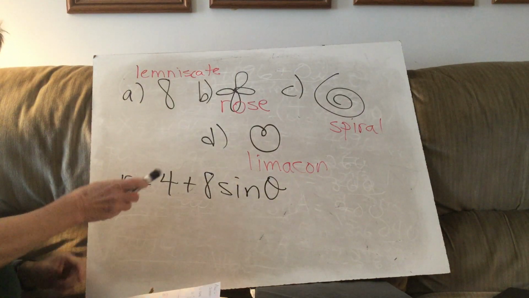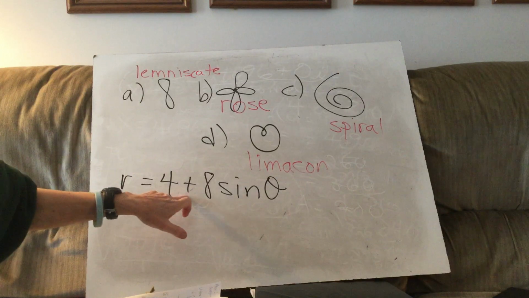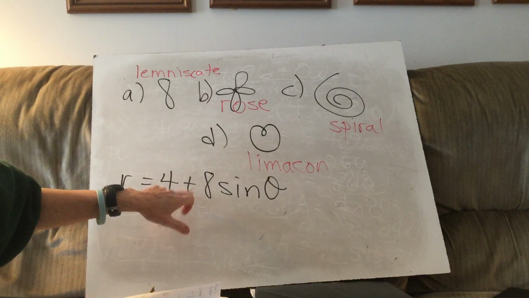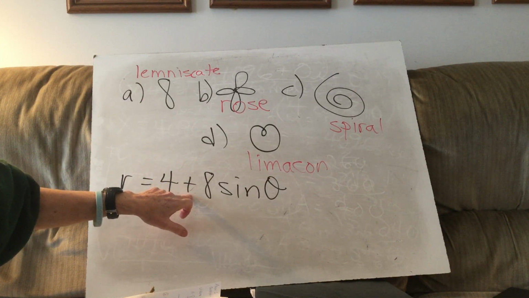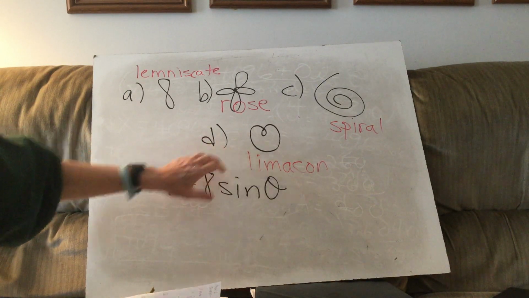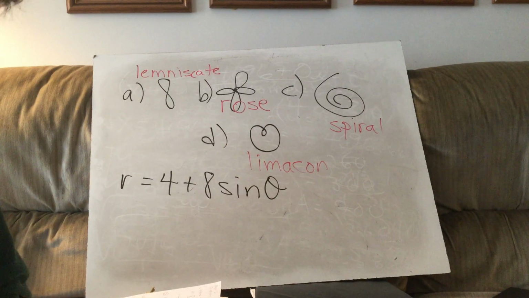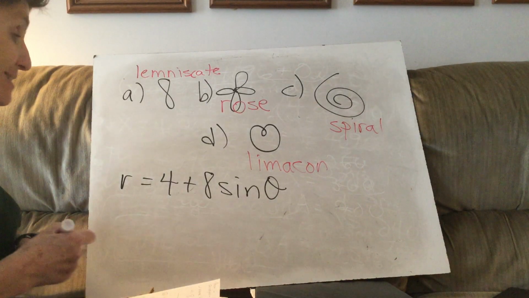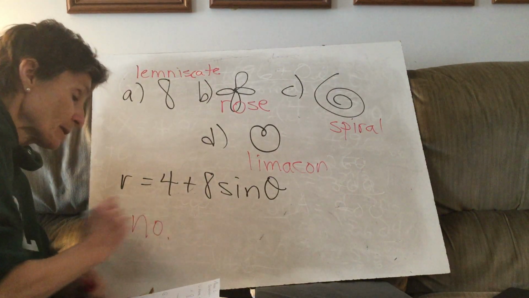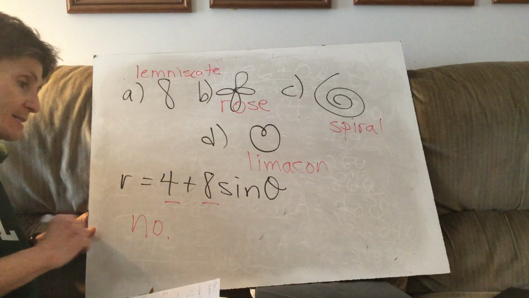Now, I know he's a limacon because if you remember from the other day, if the equation has an addition or a subtraction in it, if there's a plus or a minus here, it's a limacon. Now, the question says, is it a cardioid though? Well, you remember from the notes we took the other day that this is not a cardioid, because these 2 numbers are not the same.